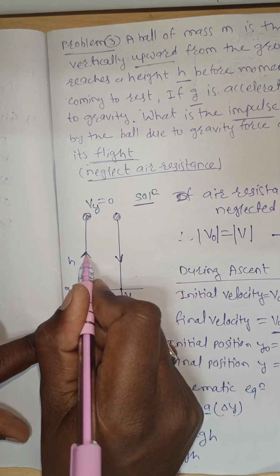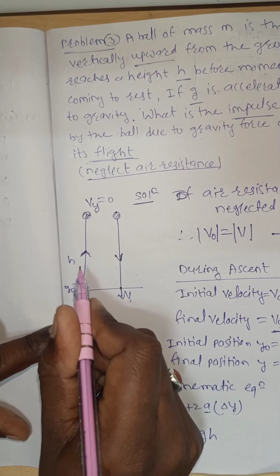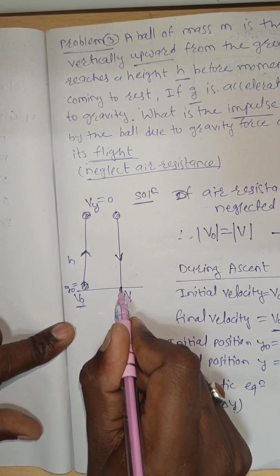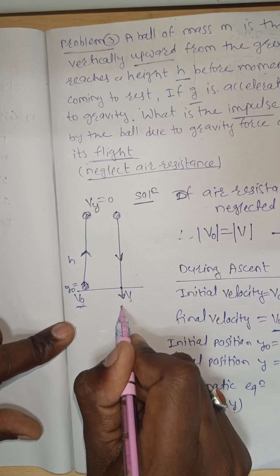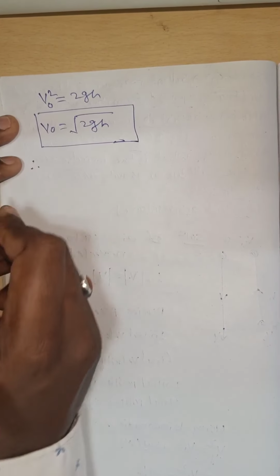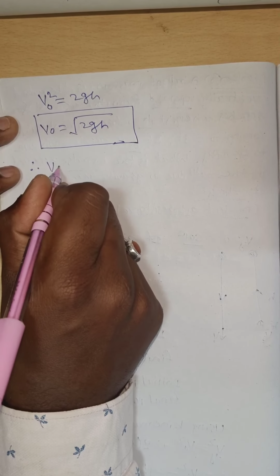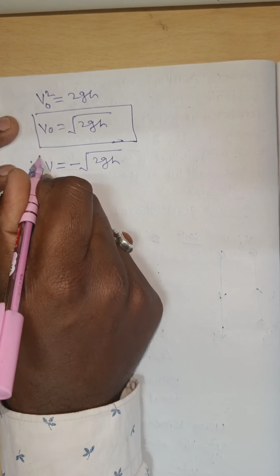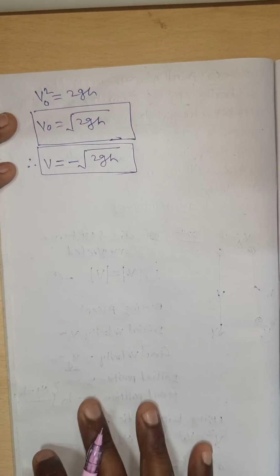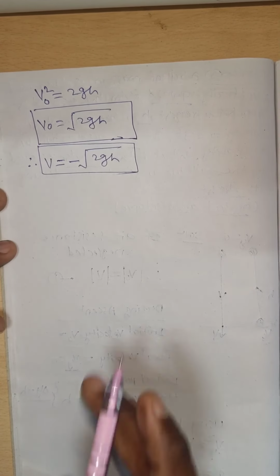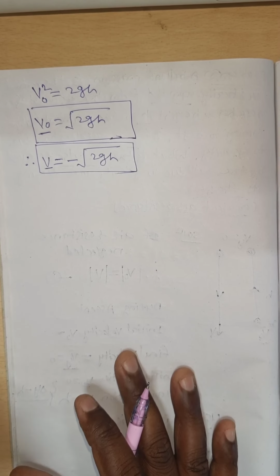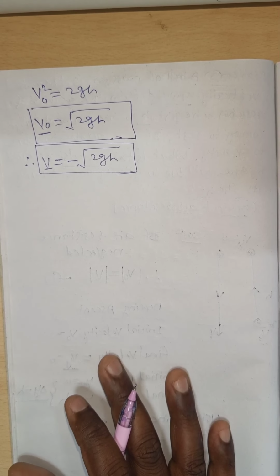So the final velocity v is equal to minus under root 2gh. Here the air resistance is 0, therefore the initial velocity magnitude equals the final velocity magnitude when the ball reaches the ground.